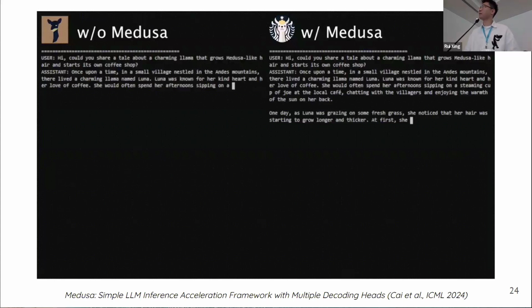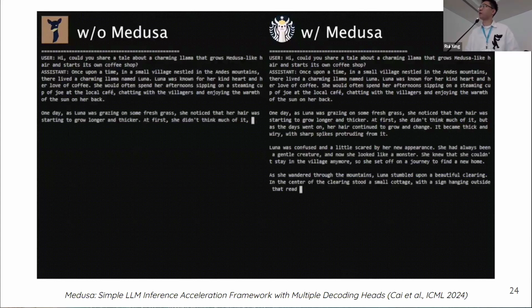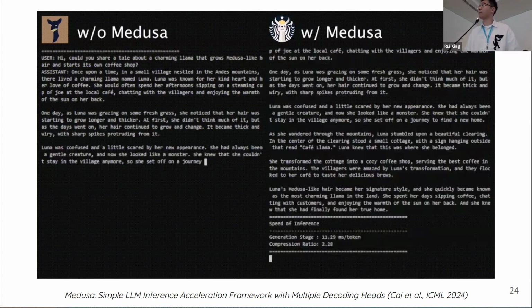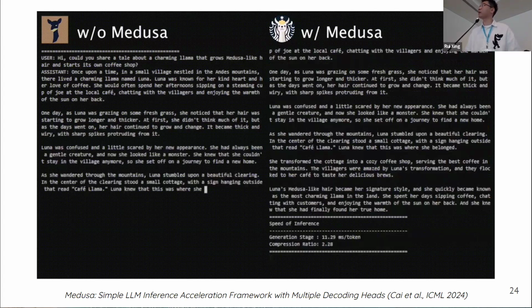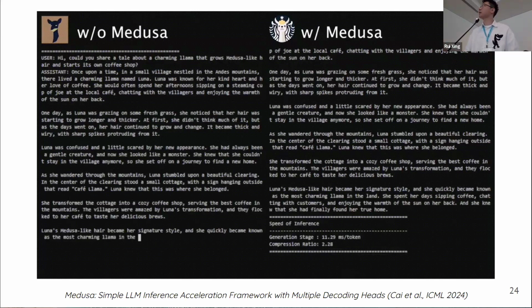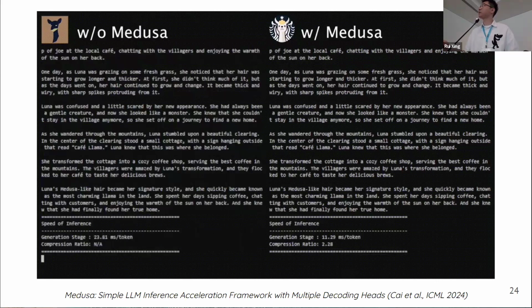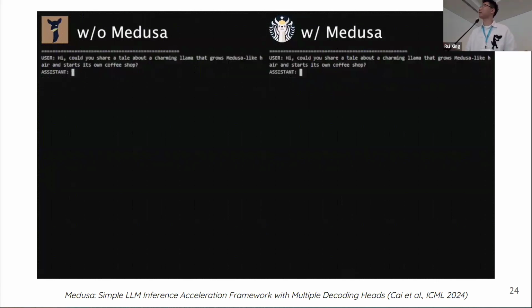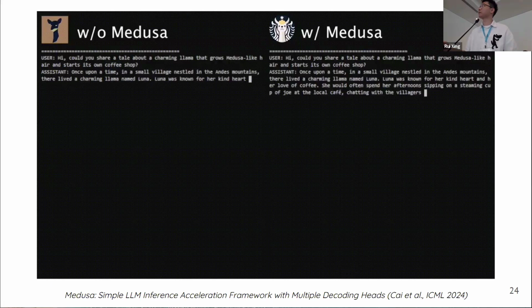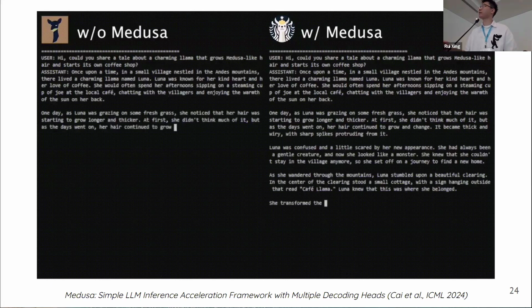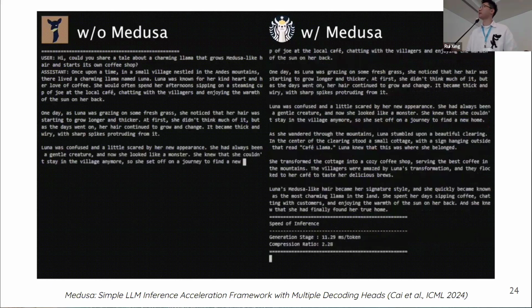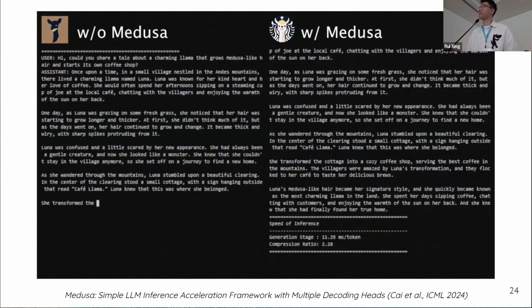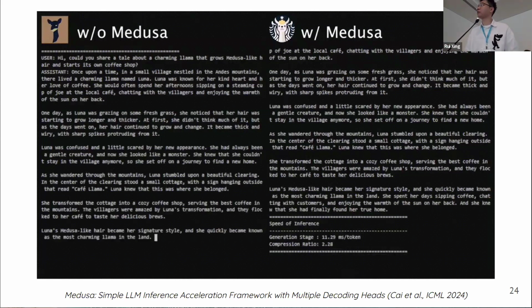And here is an example from Medusa, a widely used speculative decoding method, from their website. We can see that when generating the same output, Medusa exhibits faster speed than autoregressive decoding. And we can see that their outputs are exactly the same, and the only difference is the decoding speed.